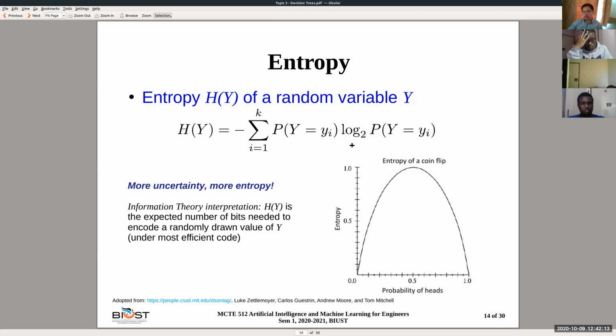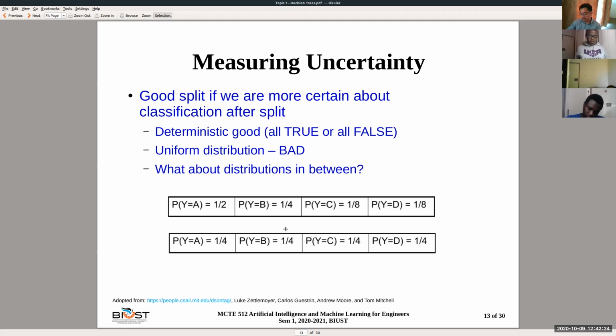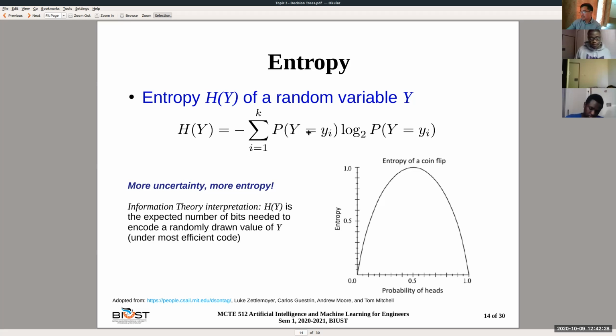And then what is this entropy? It is just this equation, where y is the output. In this case you have a yes or no, for example.